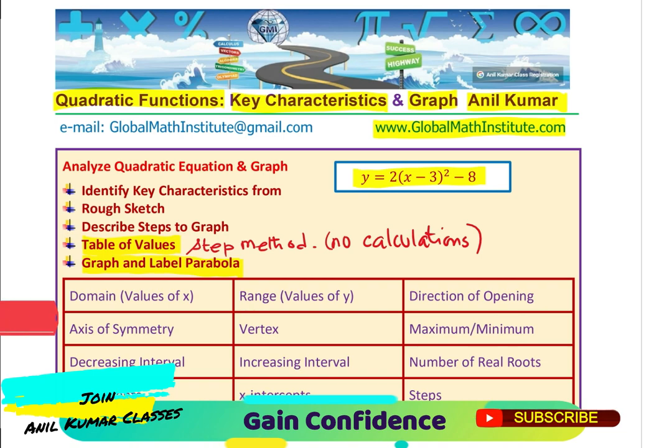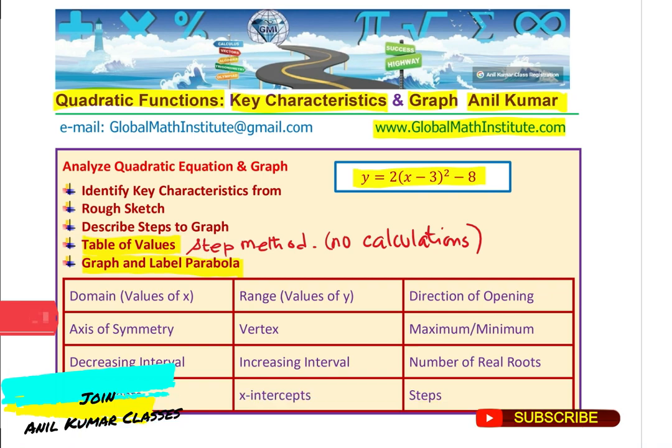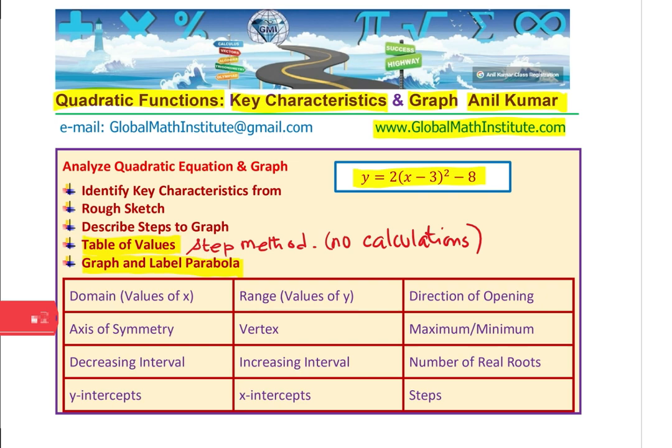Okay. The key parameters which we are going to discuss are domain, range, direction of opening, axis of symmetry, vertex, maximum or minimum. It really depends on opening, right? Decreasing interval, increasing interval, number of real roots, y-intercept, x-intercept, and steps method for graphing.